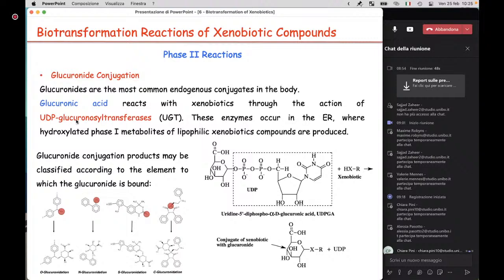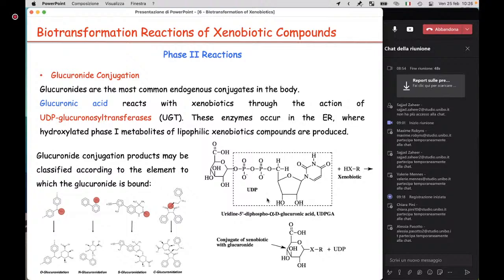Glucuronosyl means that it contains the glucuronyl, this part of the molecule, which is a reactive form of glucuronic acid. So this is the active form of glucuronic acid, which is glucuronic acid bound to a UDP molecule. UDP means uridine diphosphate, and this is UDP-glucuronic acid.